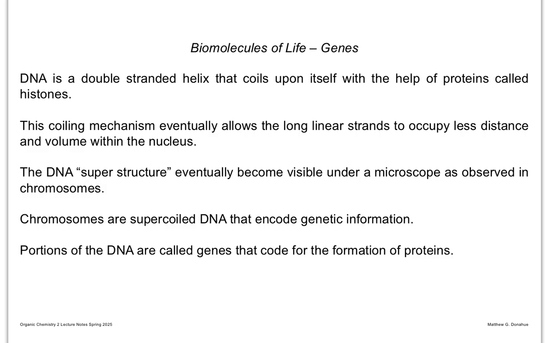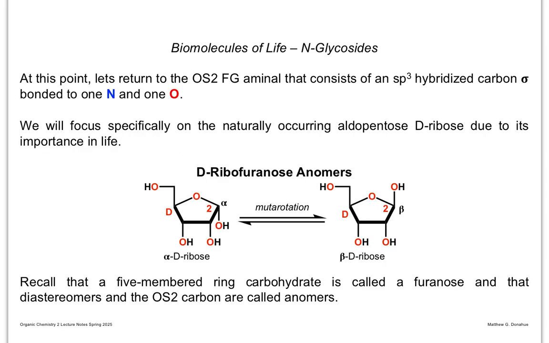Portions of DNA are called genes that code for the formation of proteins. Essentially what happens is a protein comes along, reads it, then makes RNA. The RNA then gets turned into peptides. So let's focus on RNA first.